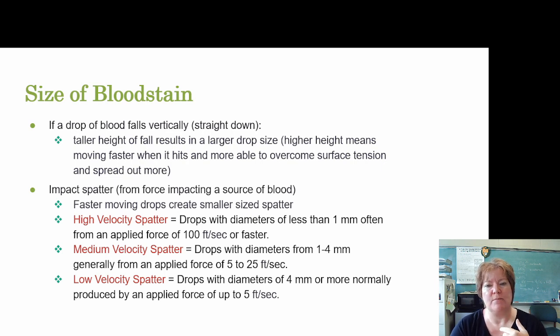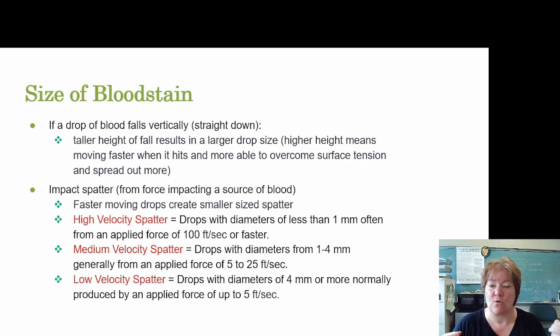So we talked about the shape and its patterns. Now let's talk about the size. The size can give me information about the velocity, how fast it was moving. If it falls vertically, the higher the height it's falling from, the faster it will be going when it hits the ground, and that's going to make it spread out more.